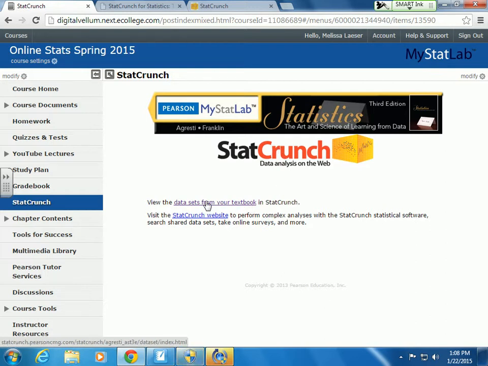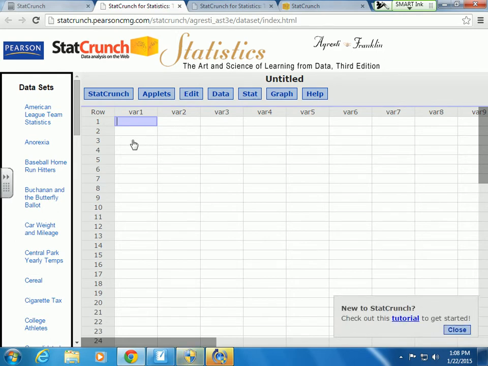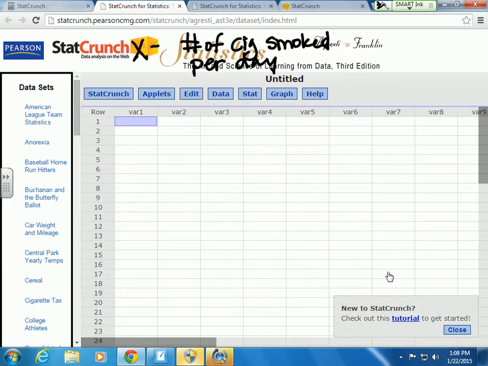So what I want to do now is make up some data. This data that I'm going to make up, I'm going to write up here, is about the number of cigarettes smoked per day. That's what x is going to equal.